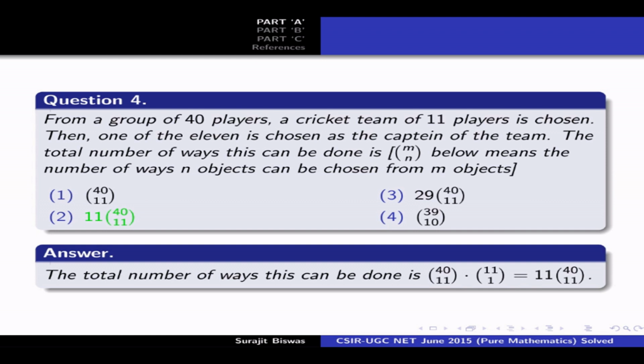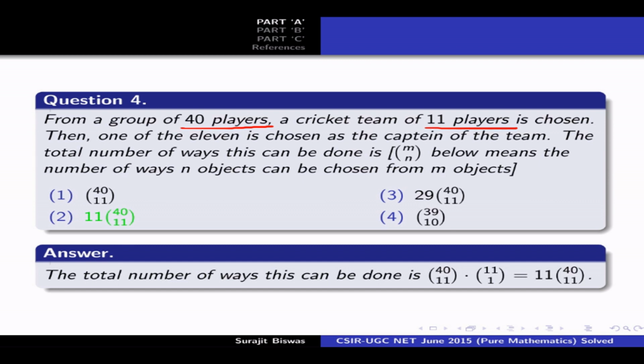Next problem: from a group of 40 players, a cricket team of 11 players is chosen. Then one of the 11 is chosen as the captain of the team. The total number of ways this can be done is, we have 4 options.